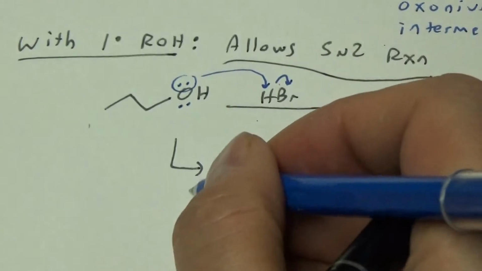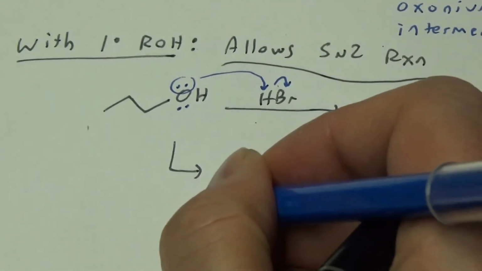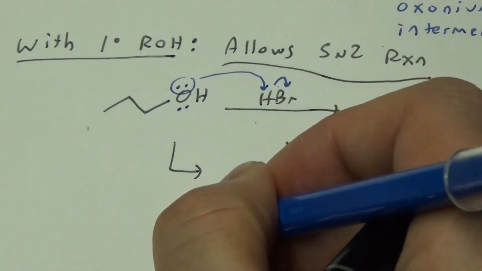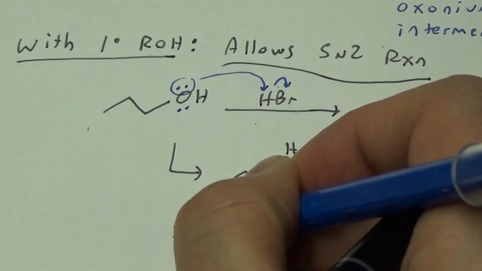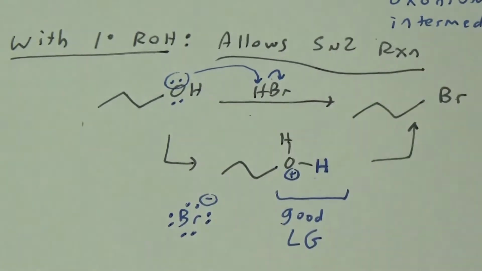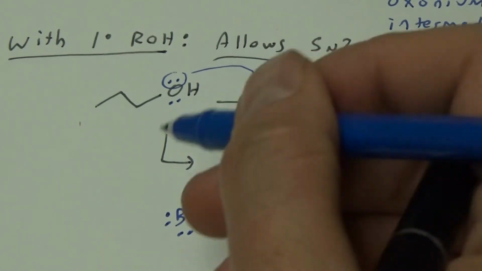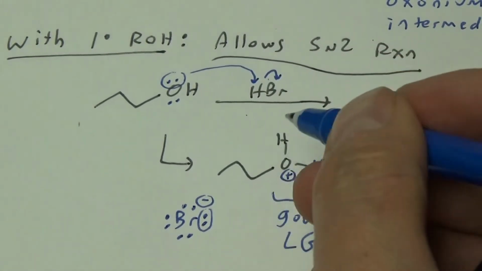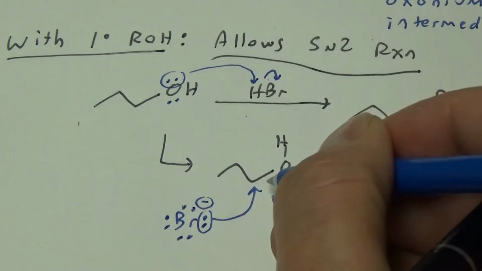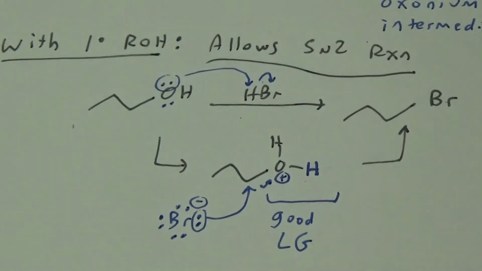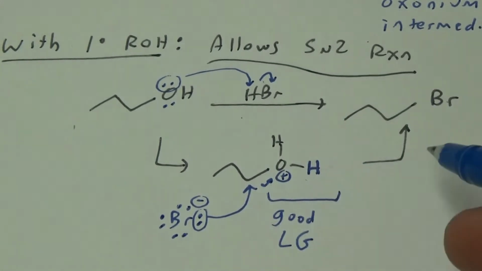Now we have Br minus. It's a good nucleophile. So we have a good nucleophile, we have a good leaving group. It's primary, which is a good SN2 substrate. So this goes and attacks and kicks it off. Okay? So that kicks off water, and then you get your product.